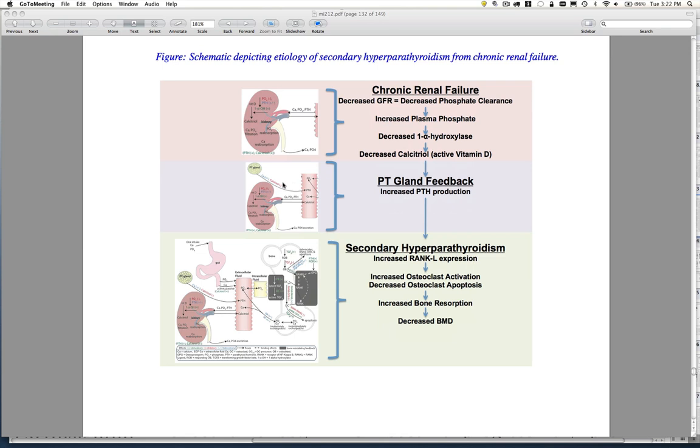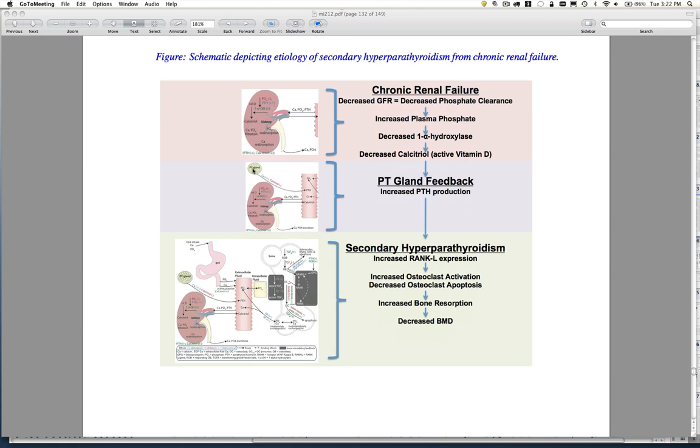Calcitriol inversely affects the parathyroid gland. And you can think about this in a healthy state. If you don't have a lot of calcitriol, you're not absorbing a lot of calcium, right? Because calcitriol is what feeds back to the gut and allows for an increase in absorption of calcium from the gut. So if you're in a state where you have low vitamin D, you're not going to have a lot of calcitriol.